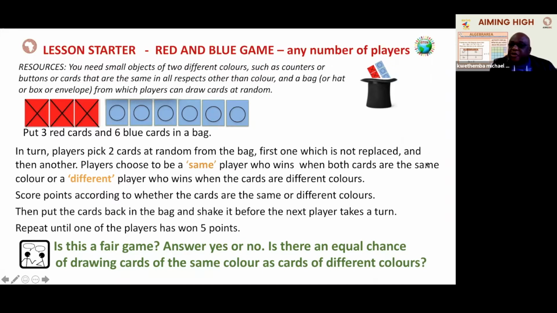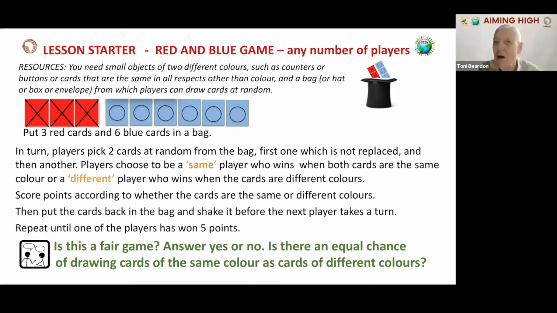The same means we pick 2 same cards, maybe red and red or blue and blue. Then if we pick red and blue, that is different. So Tony and Caroline, these are the 2 camps. Any one of us can join them, decide which camp you want to fall in. Are you opting for the same or for different?